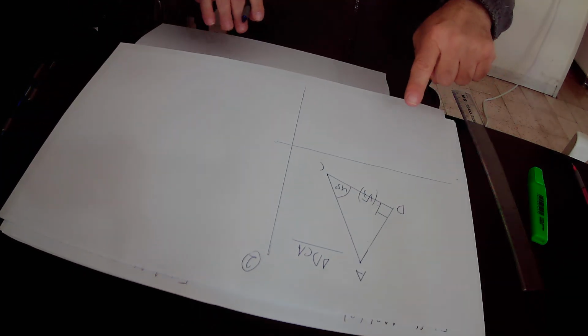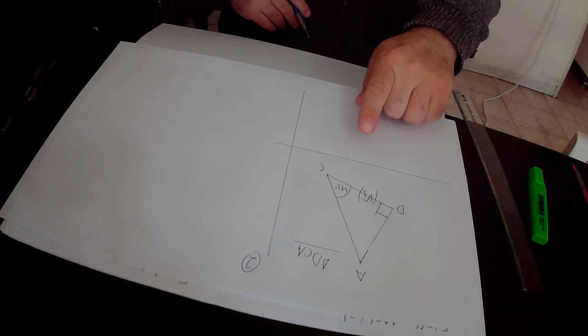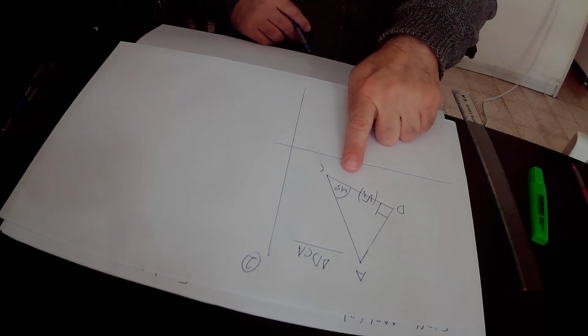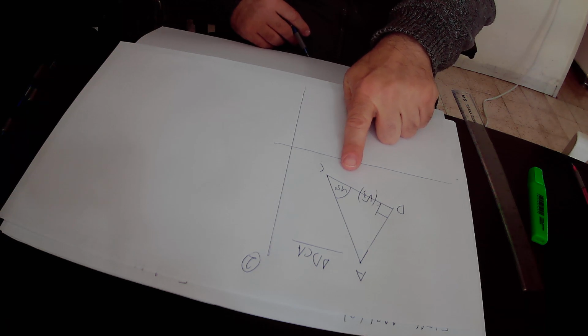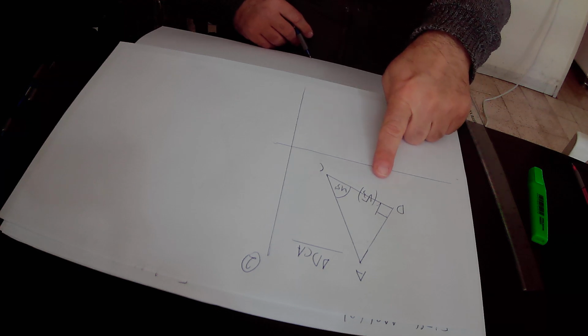This is the right triangle DCA that I copied from the original drawing. We just found out that this angle DCA equals 45 degrees, and we already found out that side DC equals the square root of 3 units.